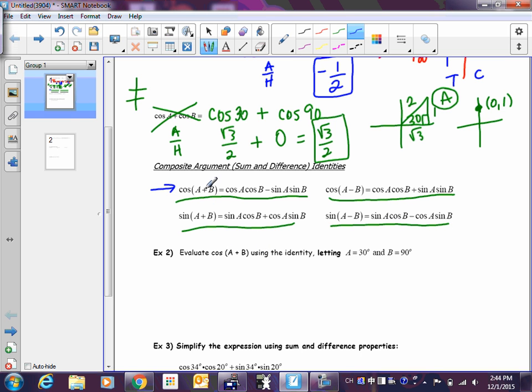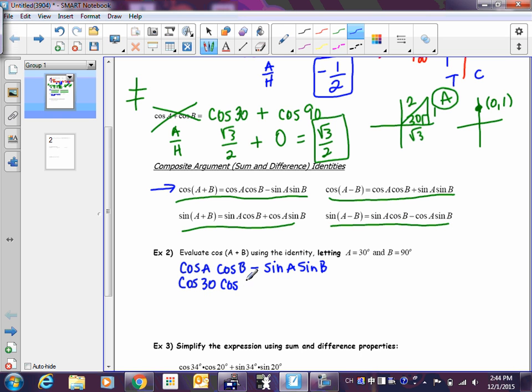So cosine of a plus b is, I'm just going to write it down, cosine of a times cosine of b minus sine of a times sine of b. I just use this formula right here. Okay, now I need to plug 30 in for a, so this would be cosine of 30.